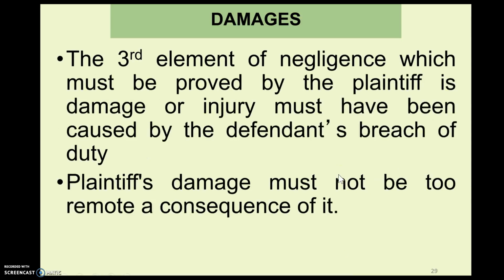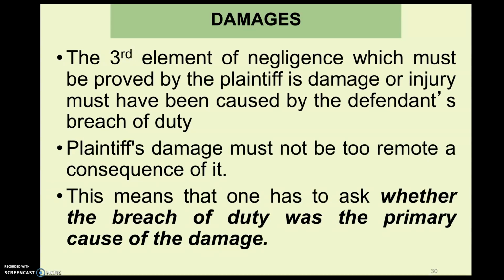Now, we look into the third element. The third element to be proven in order to establish negligence is damage, that has been incurred due to the breach of duty by the defendant. Basically, the plaintiff's damage must not be too remote a consequence.